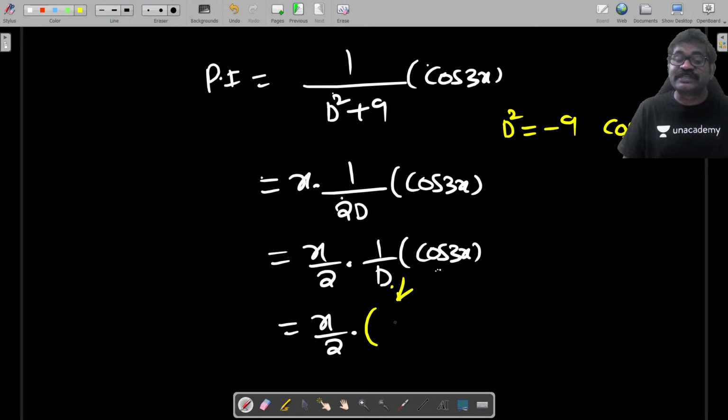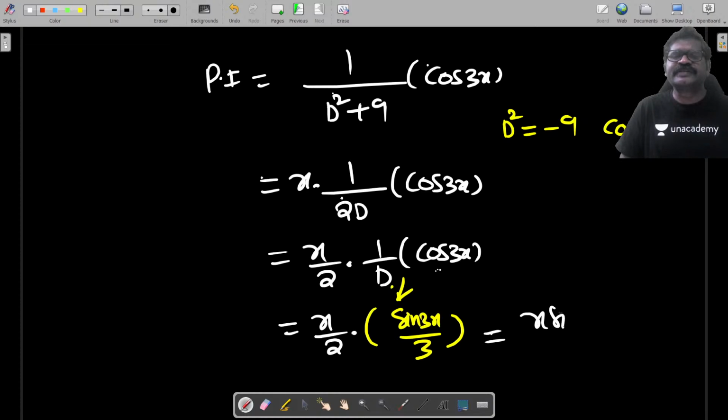D means differentiation, 1 by D means integration. Integral of cos 3x is sin 3x by 3, that is x sin 3x by 6.